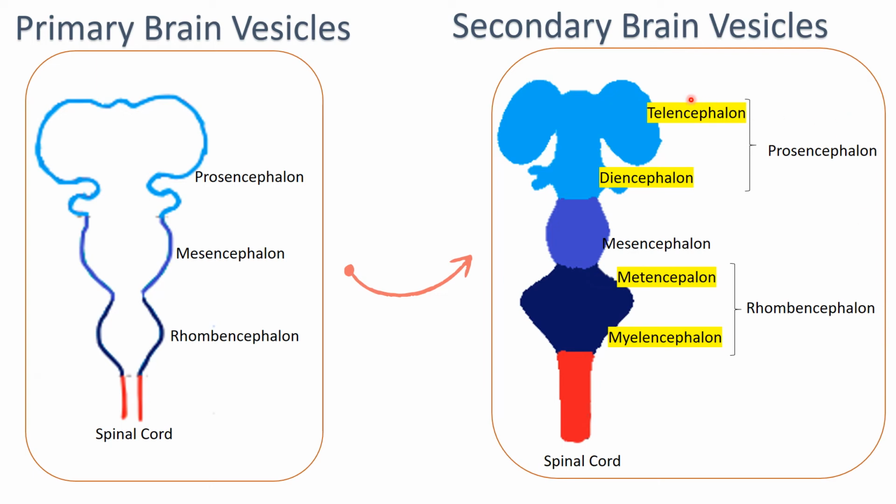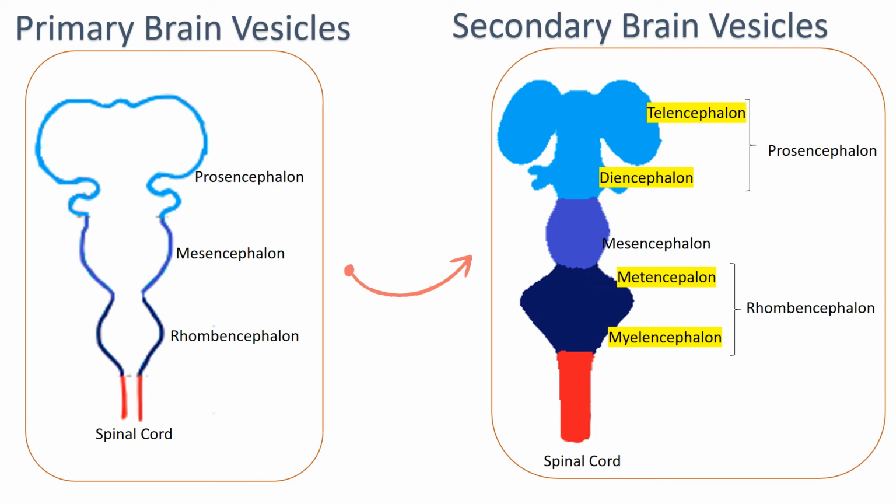So the forebrain, or the prosencephalon, splits to form the telencephalon and the diencephalon, while the region of the hindbrain, or the rhombencephalon, splits to form the metencephalon and the myelencephalon. So you go from 3 primary brain vesicles to 5 secondary brain vesicles.